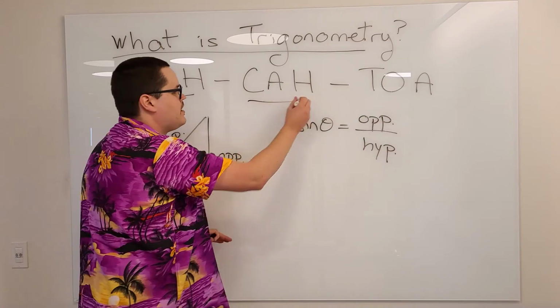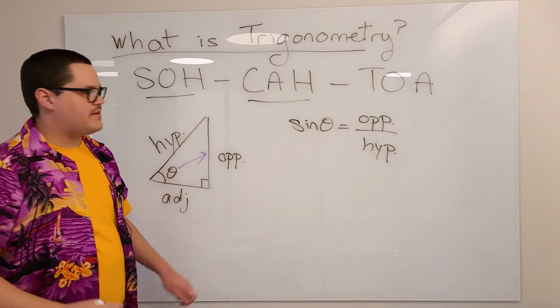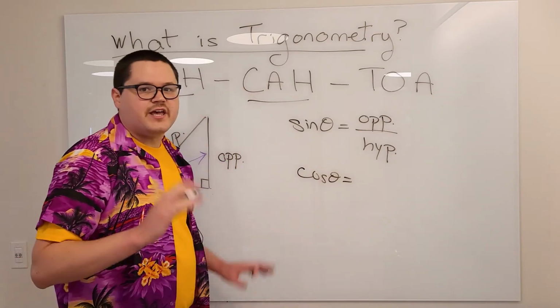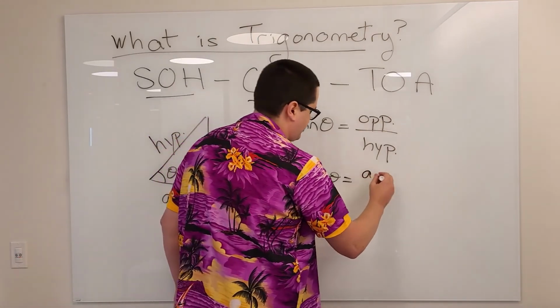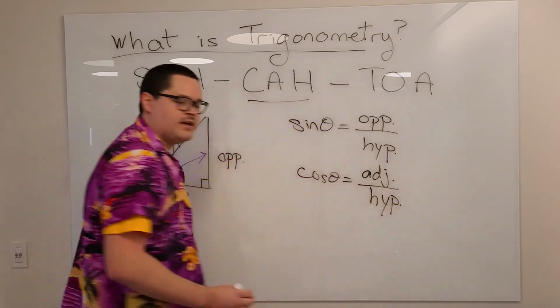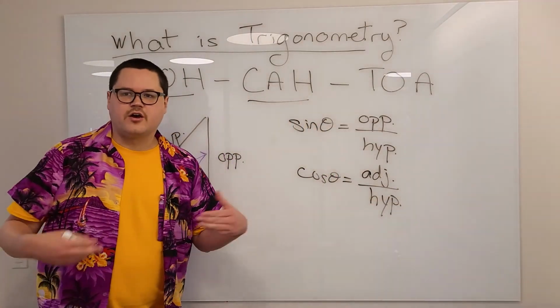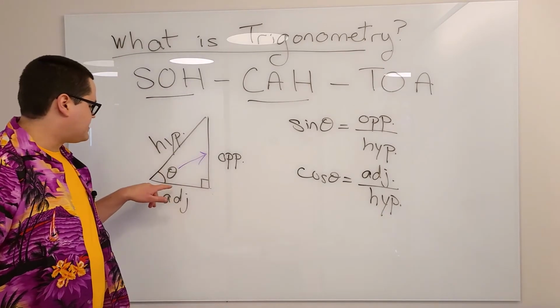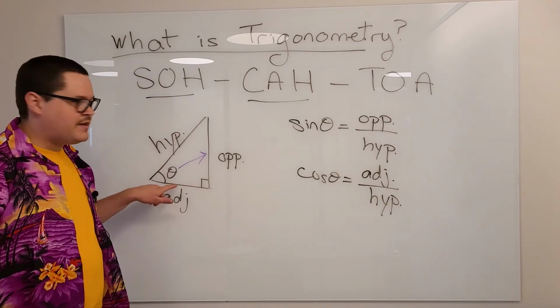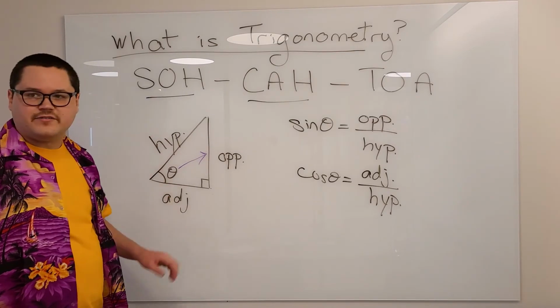CAH. This says that cosine of theta is, you guessed it, adjacent over hypotenuse. In other words, cosine of theta is the side next to theta, but not the hypotenuse, over that hypotenuse.